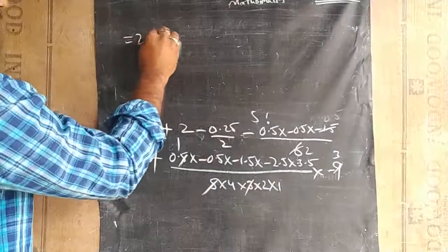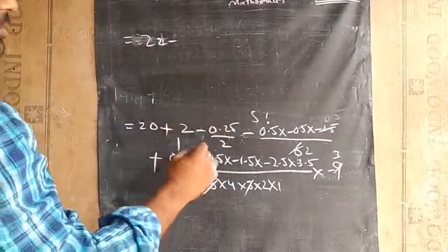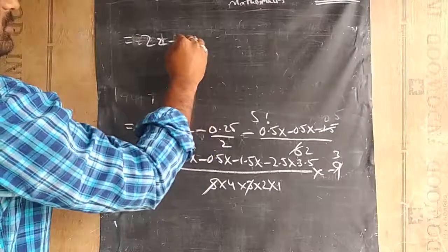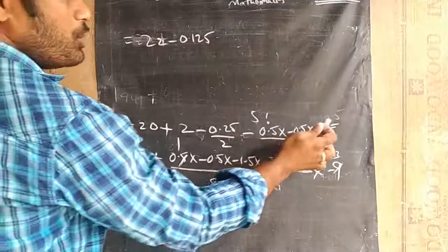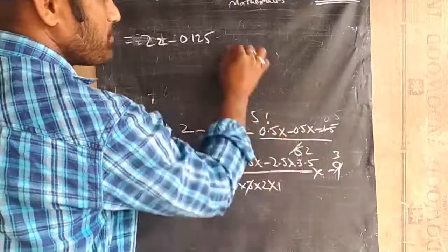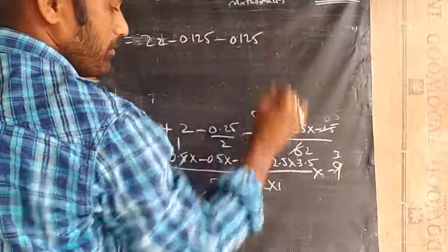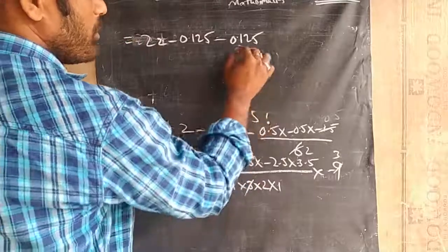Now it will be 20 plus 2, 22. 22 minus 0.125, since 5 cube is 125. Minus into minus is plus, so minus 0.125 by 2, 5 cube 125.